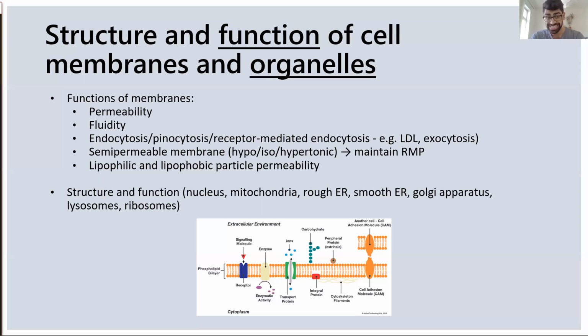And this is all facilitated through the proteins which are embedded in the membrane. The resting membrane potential is kept through the very important sodium-potassium ATPase, which pumps 3 sodium ions out of the cell for every 2 potassium ions into the cell. And also permeating lipophilic and lipophobic particles as well.